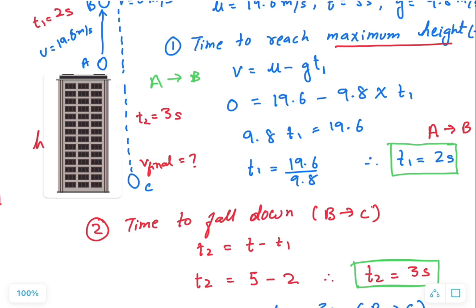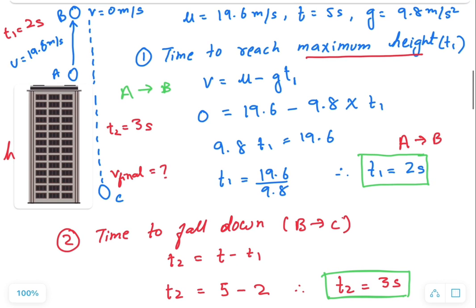In that case, it becomes v equal to u plus gt. So whenever the ball is traveling upwards, we use the first equation, and when the ball is traveling downwards, we take g to be positive, and the equation becomes v equal to u plus gt.